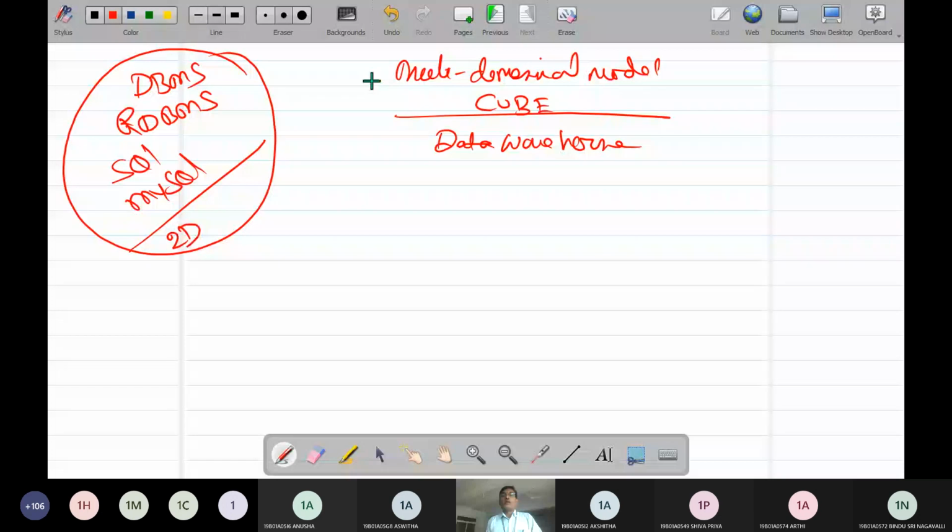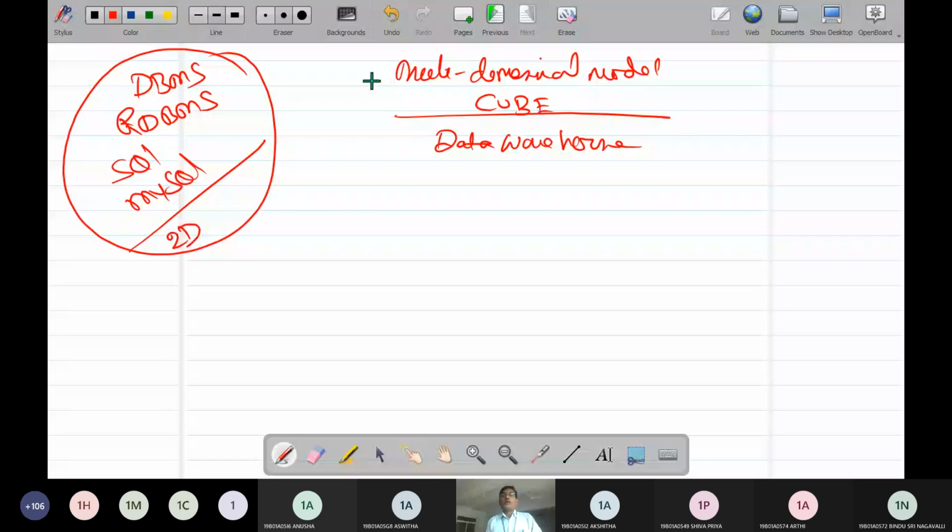So some of the operations taken up as part of a cube we will call slice, dice, roll up, roll down, drill up and drill down.